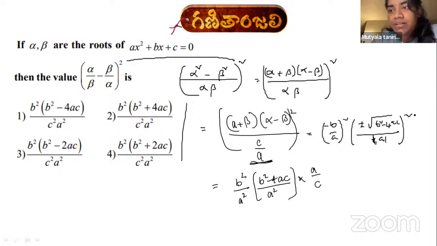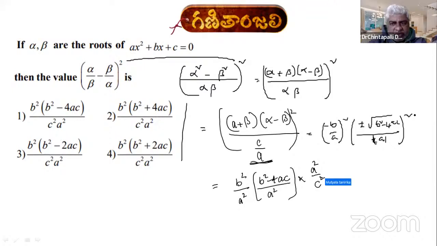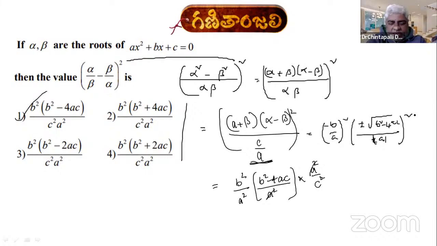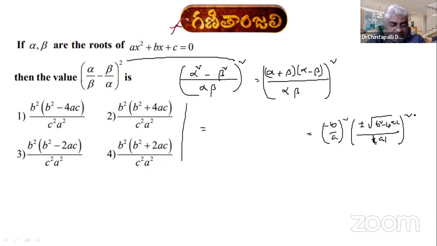So the a square gets cancelled. So it will be option 1, sir. Very good. Option 1 is correct. Mark the option. This is a typical sum. Generally, difficult sums help to strengthen our concept of the subject. Got it? Yes, sir.